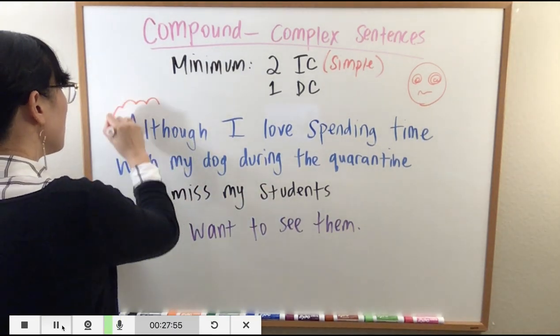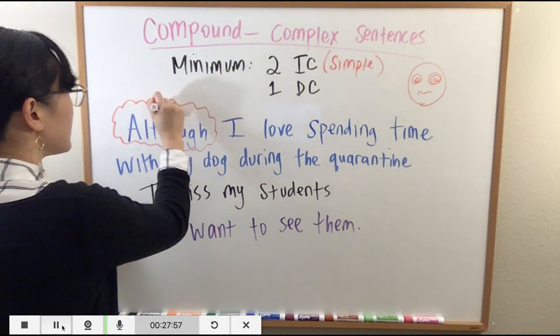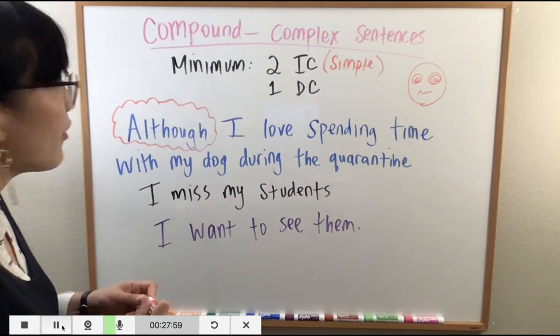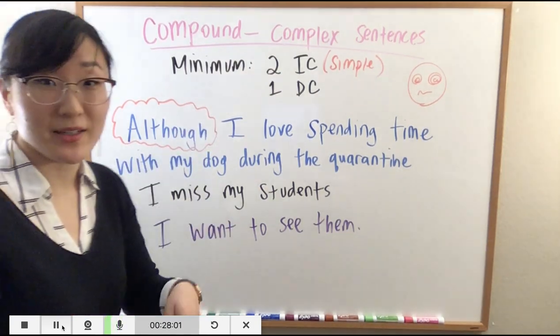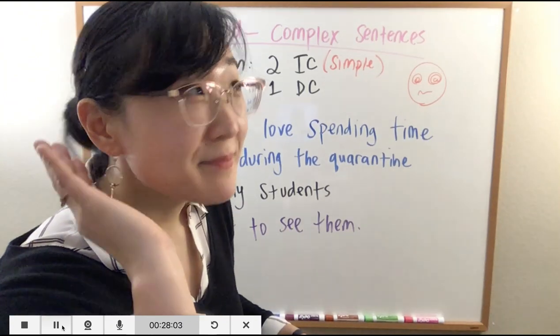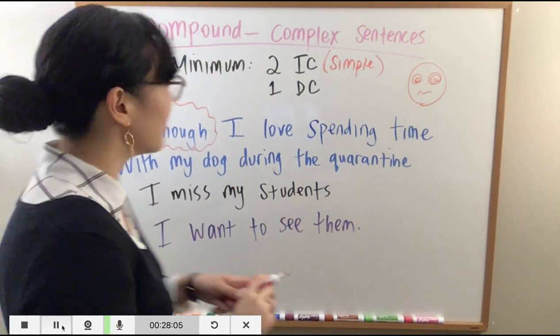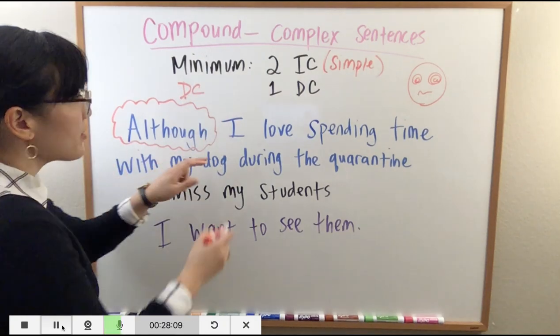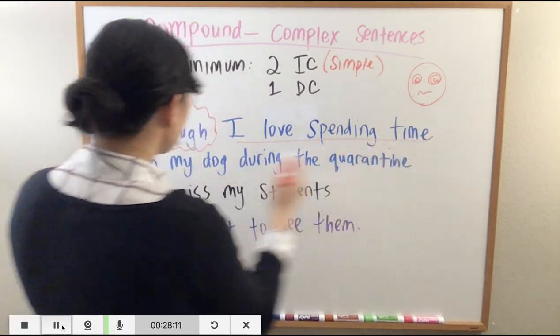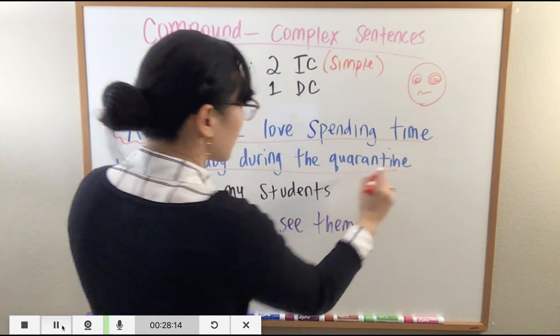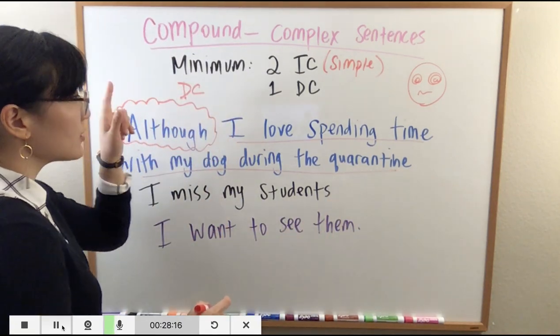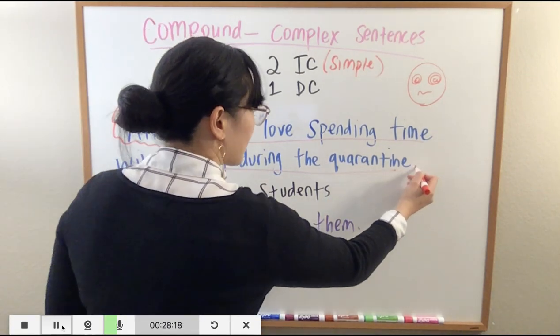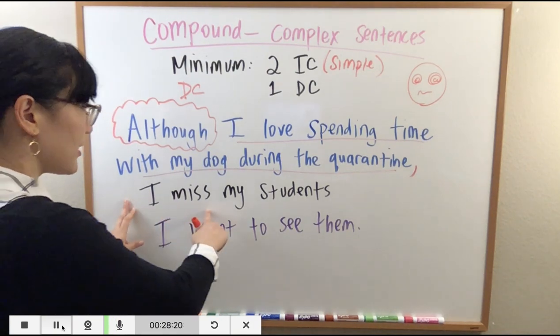Now, because I have the word "although" in the beginning, is that independent or dependent? Tell me. Dependent, right? This is my dependent clause. So although I love spending time with my dog during the quarantine, dependent clause first, which means, exactly, I need a comma before my independent clause, right?